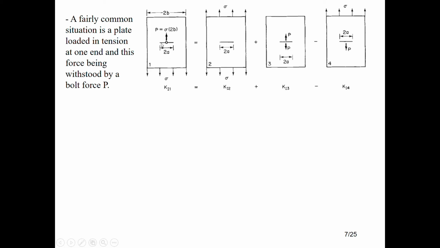The crack is in the middle and this force is being withstood by a bulk force P. In this situation, you need to break that into several factors, like in this case, a crack in the middle, and then you have tension loads here.